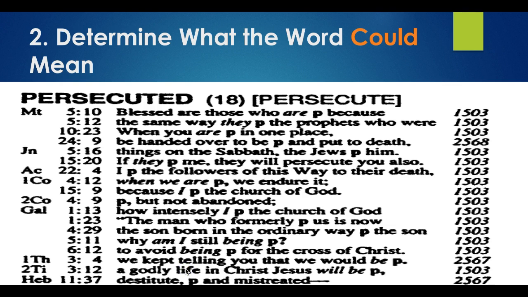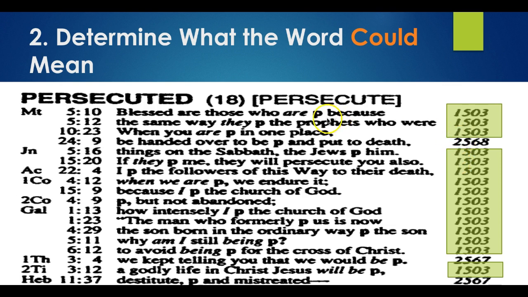We're going to then go look up every other time 1503 is used in the Bible to see what was going on that made the writer use that version of the word. And in this case, the word is being translated as persecuted, not as press as it was in Philippians.